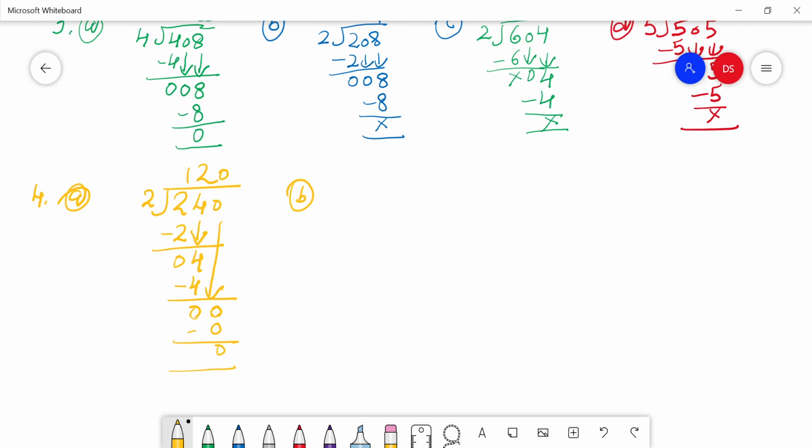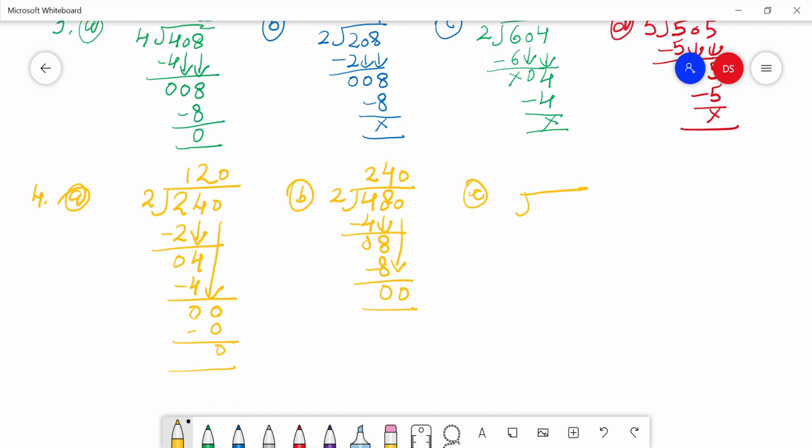Now B part of question number 4 is 480 divided by 2. 2 2s are 4. This is 0. Next number is 8. 2 4s are 8. This is 0. Then last digit is 0, so we can take 0 on the quotient place directly without showing subtraction there.